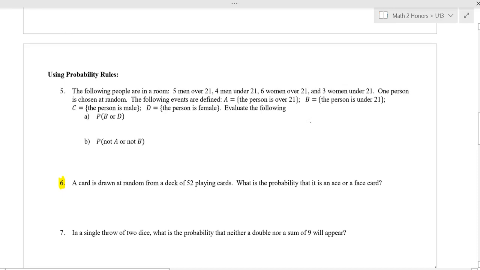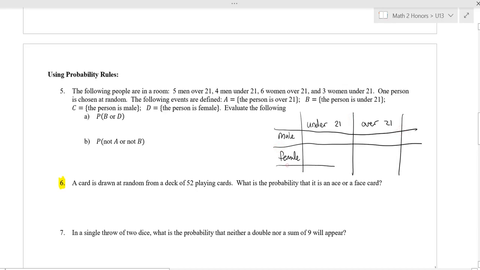We have, you can either be under 21 or over 21. And you could either be a male or female. Alright, we have 5 men over 21 and 4 men under 21, 6 women over 21 and 3 women under.